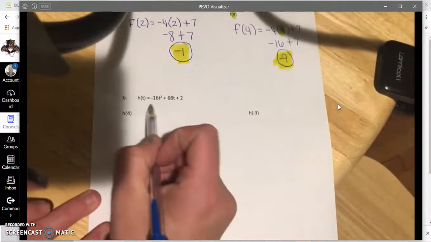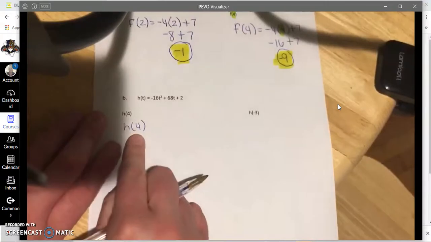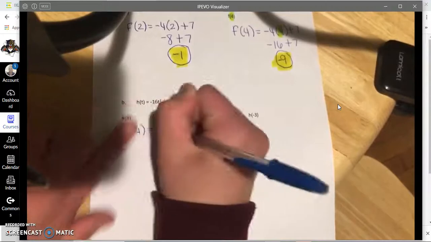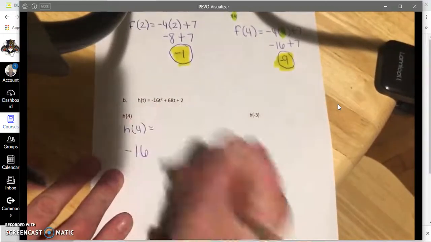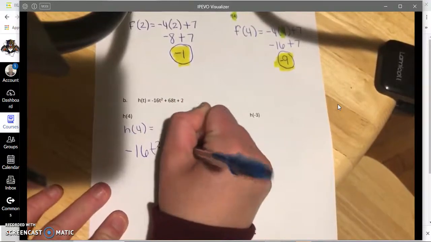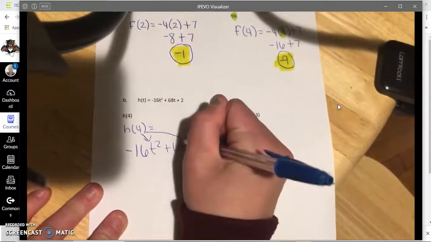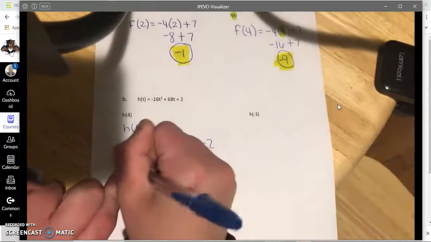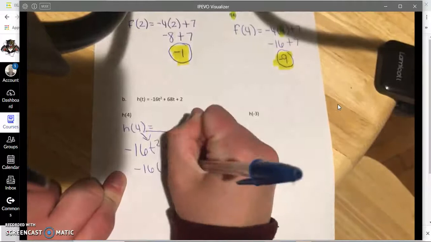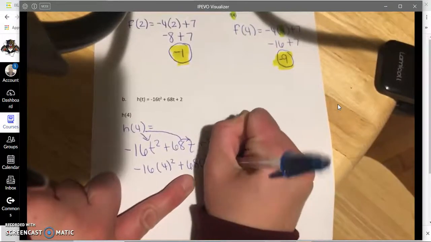All right, down here, all we're doing, we're saying when our t is 4. So we're going to be plugging in 4 for all of our t values. So rewrite your equation. I'm just going to write it down here. And we have to plug 4 in for each time we see a t. So -16 times 4 squared plus 68 times 4 plus 2.